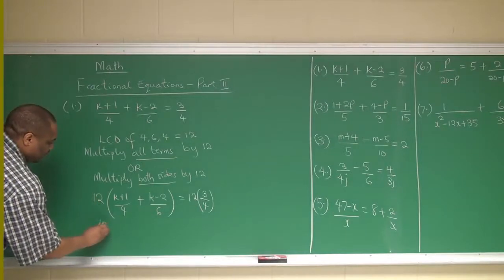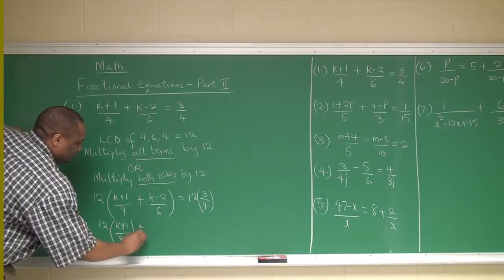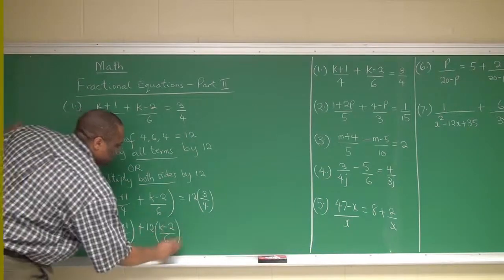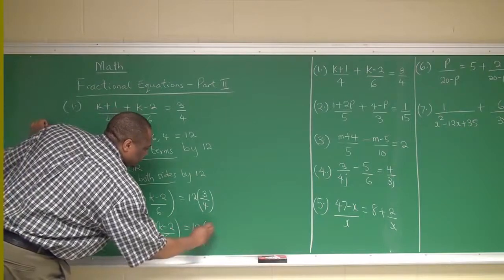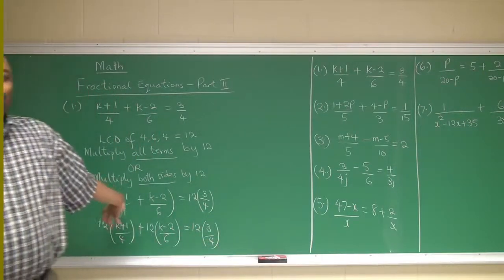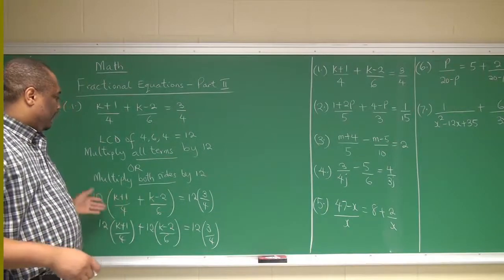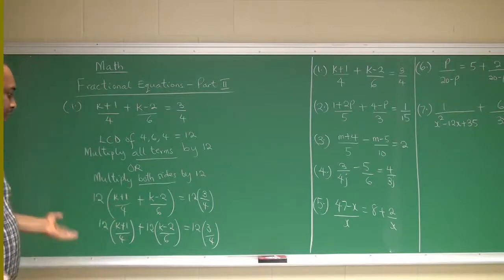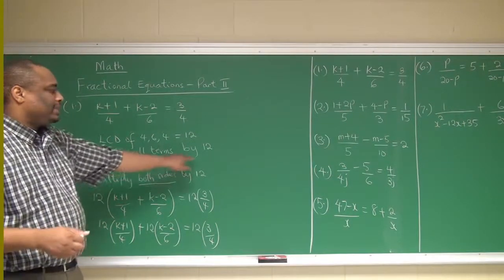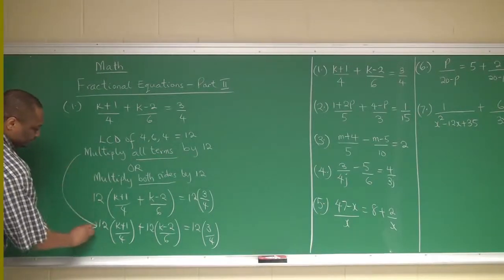You have 12 times k plus 1 over 4 plus 12 times k minus 2 over 6 equal to 12 times 3 over 4. So multiplying both sides by 12, you still have to apply the distributive property, whereas if you say multiply all terms by 12, it brings you straight here.